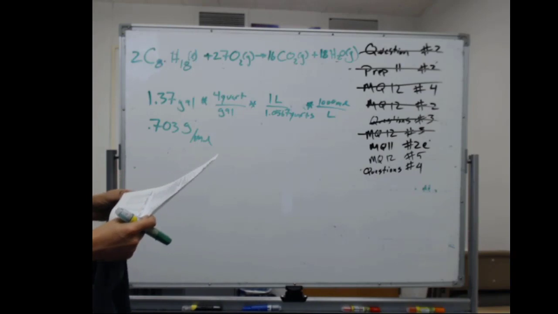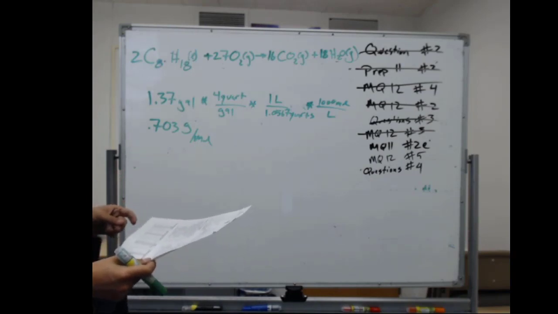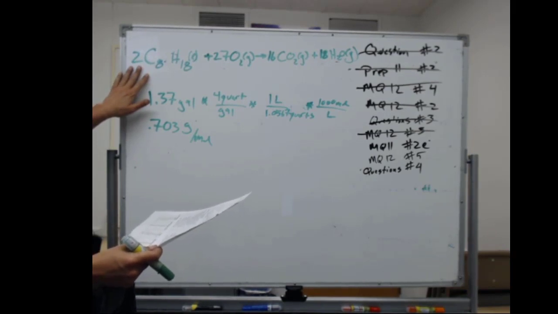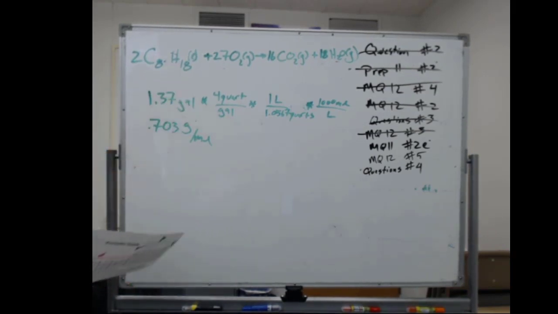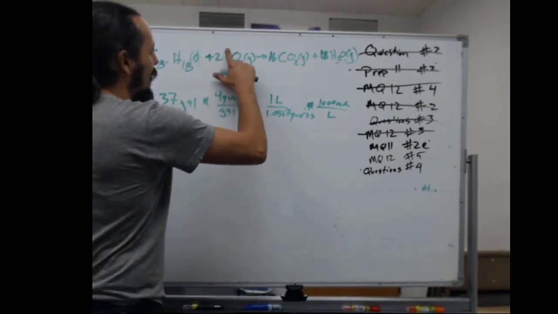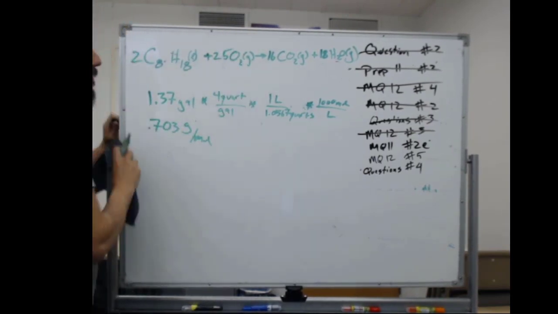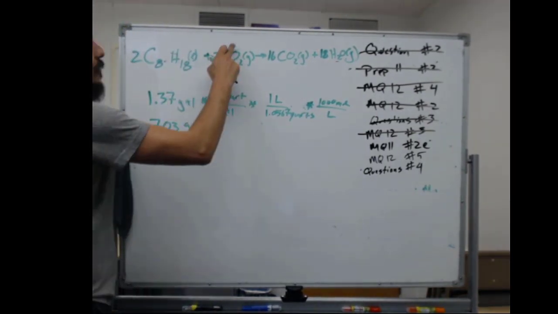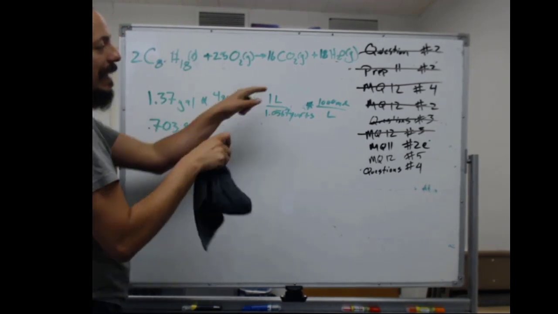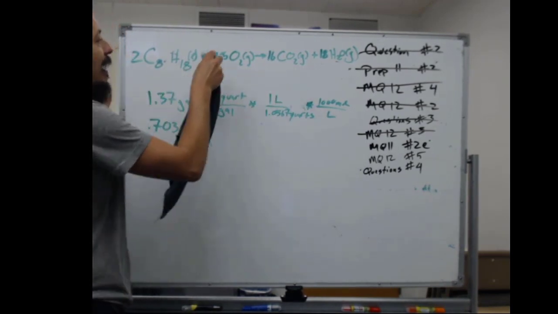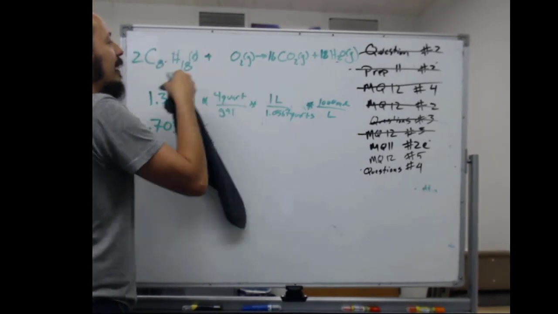And that should get us... Professor? Go ahead. For the balanced chemical equation, I got 25 instead of 27. What's 16 plus 9? Oh my goodness, 16 plus 9 is 25. How bad at math am I right now? So yeah, I wrote down 16 plus 9, but apparently I can't do 16 plus 9 in my head right now.